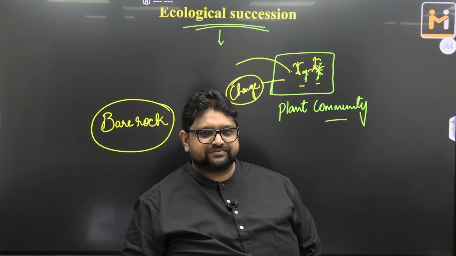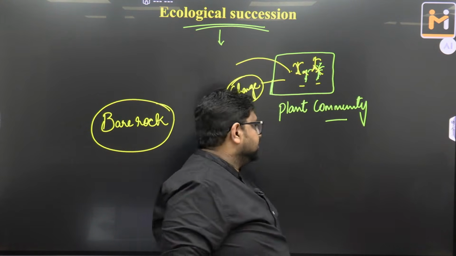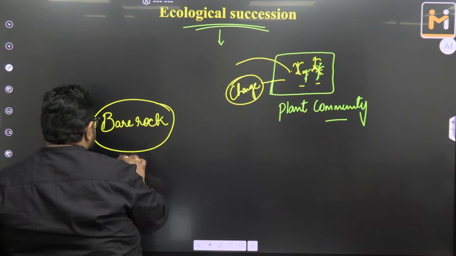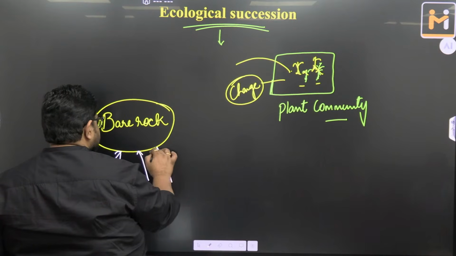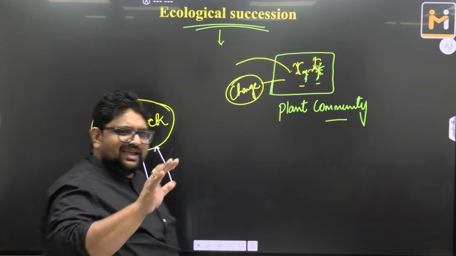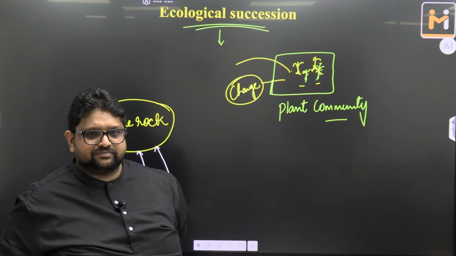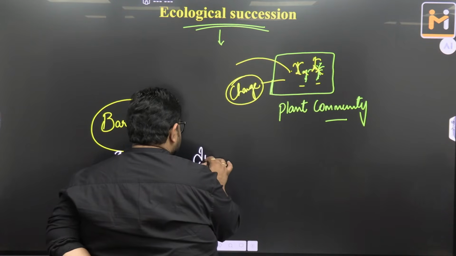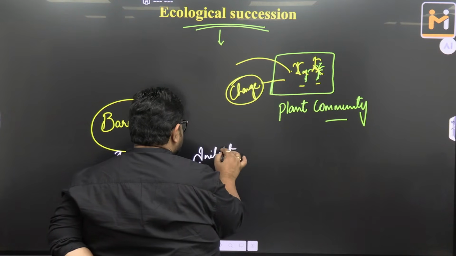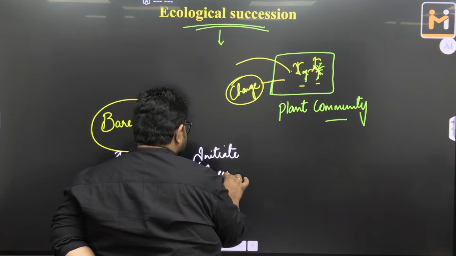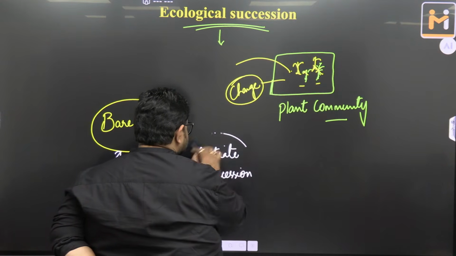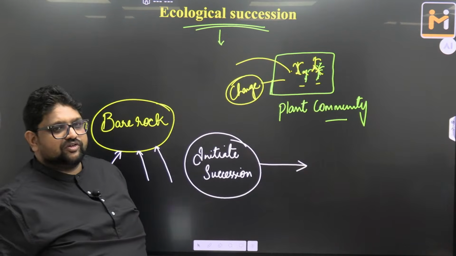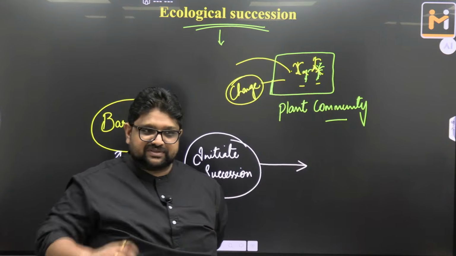On these bare rocks certain organisms will somehow come from a different place and establish themselves, and they initiate the succession, ecological succession, and after that the succession goes on in a sequence.